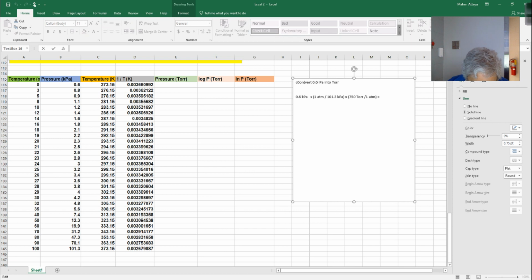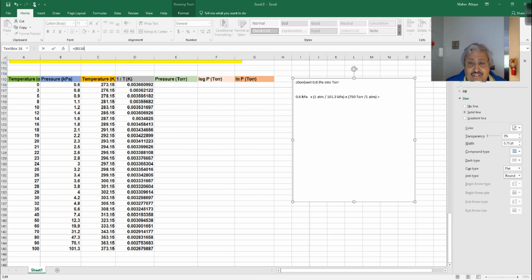Well, you start with equal, open a parenthesis. I want this pressure which is coming from cell B116, correct? So B116.